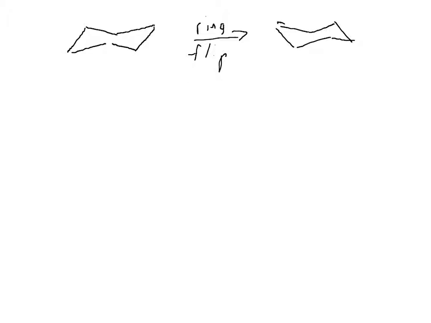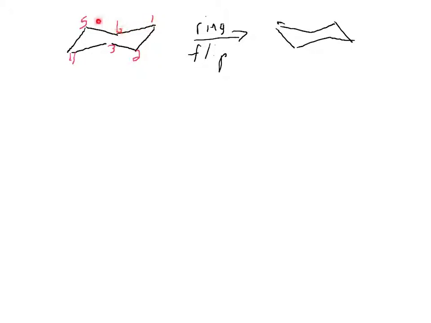So the easiest thing to do, we should first start thinking about numbering the carbons. So arbitrarily numbering the first one, I'm just going to say carbon 1, 2, 3, 4, 5, and 6. So the way a ring flip works is essentially, when we talk about a chair, I always like to think about the top here. Carbon 1 is like the head of a chair.